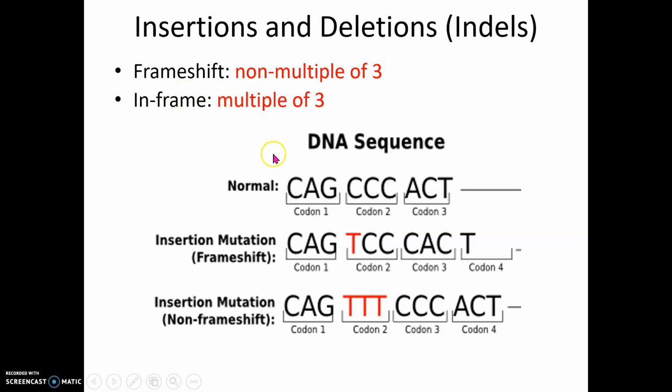So if it's an in frame, we're sticking in or taking out 3, 6, 9, and so on. And the effects we will see vary drastically in our protein sequence, okay? So if it's a frame shift, you insert 1, the entire reading frame is changed. If it's an in frame, you insert 3s, you don't change the entire frame. You just insert additional codons, which means inserting additional amino acids.